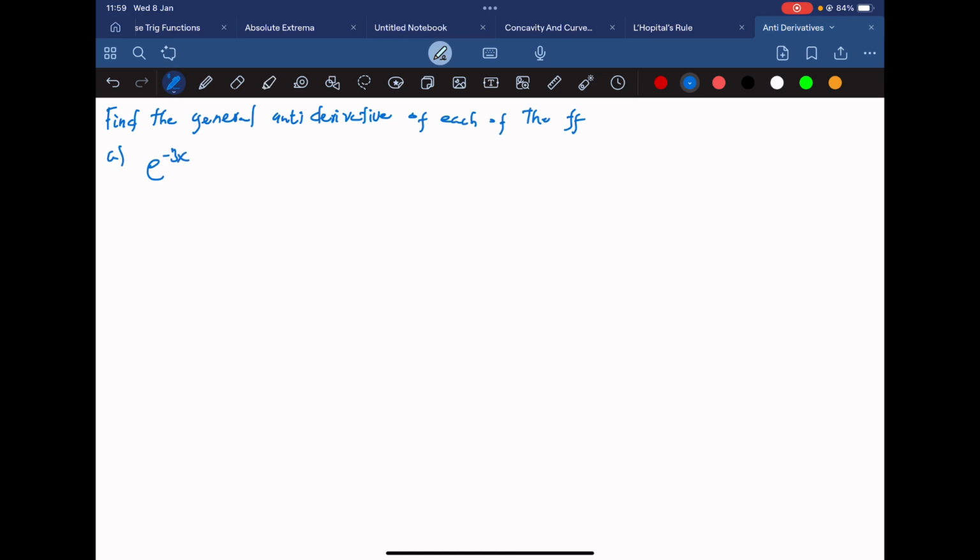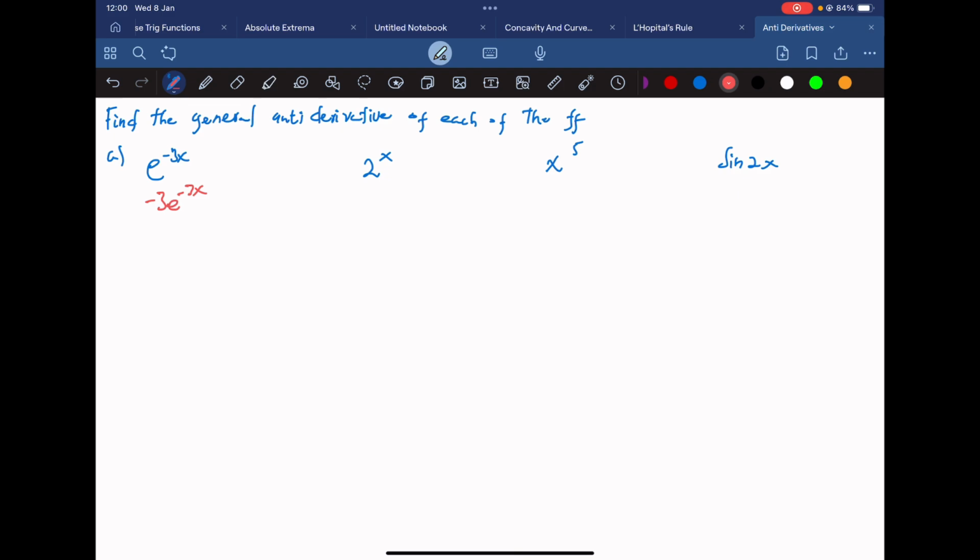We also have to find the antiderivative of this, then this, and also this. Okay, so remember, from differentiation, if you are differentiating an exponential function, you would have gotten this, right?